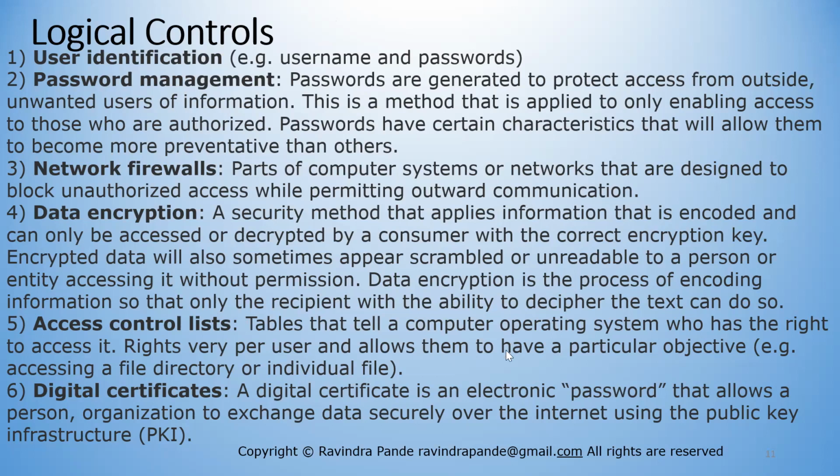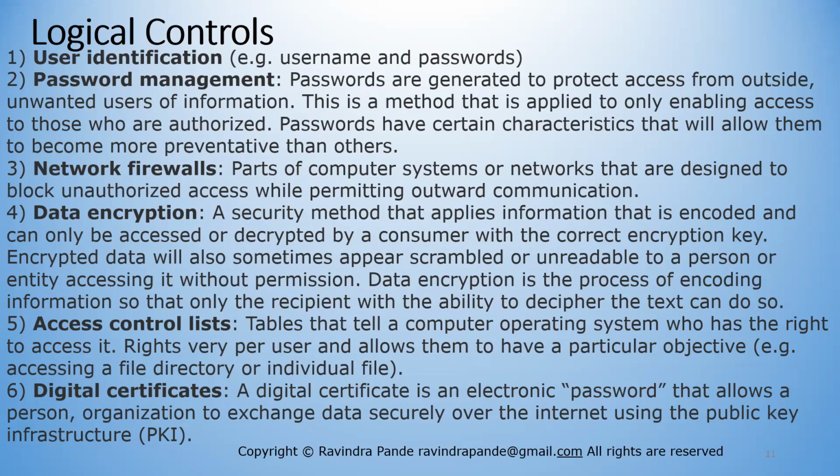So, access control. There's a list of access control. Whenever you give access to somebody, you should have a list, like a table, where access given to Ravindra on 3rd March, access revoked on 5th April, and so on, so that I know whoever can consume this data, whoever can access these digital assets.